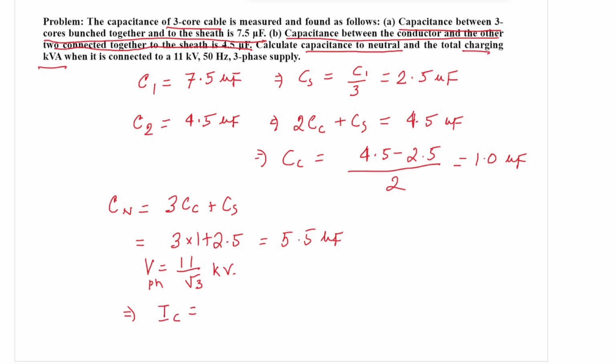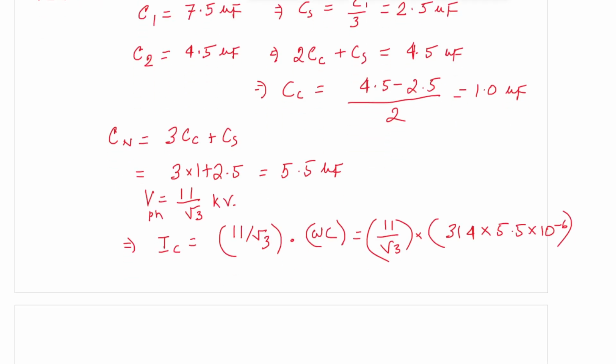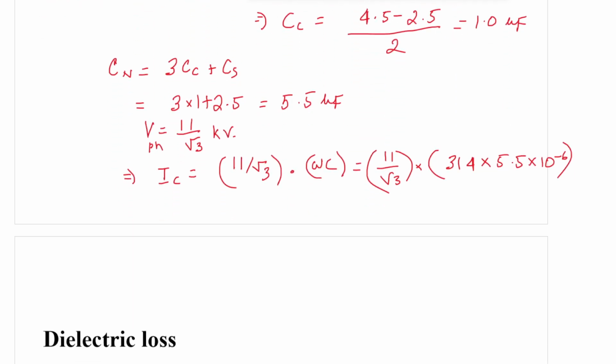You know, V phase, that means 11 by root 3 into omega C. So IC equals 11 by root 3 into 314 into 5.5 into 10 to the power minus 6, in amperes.